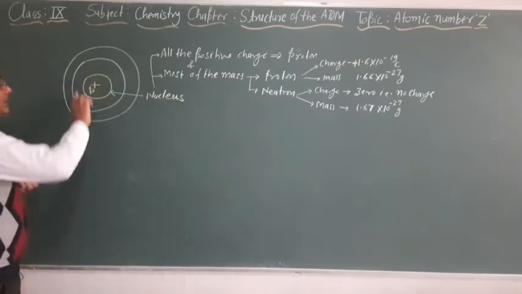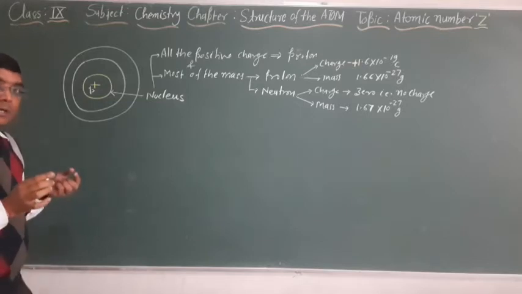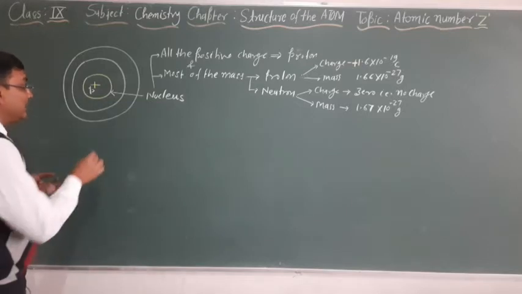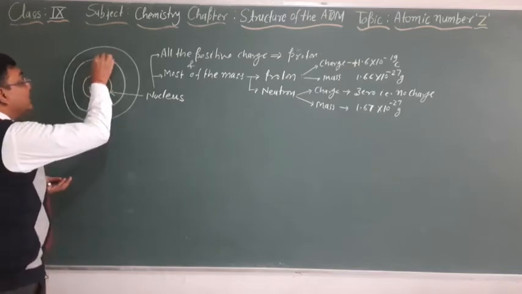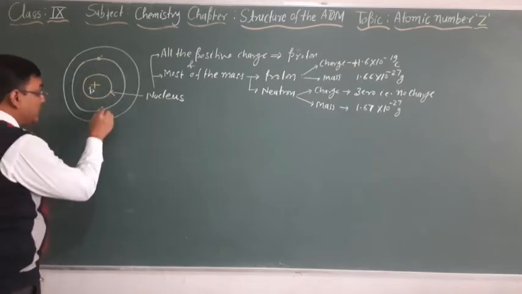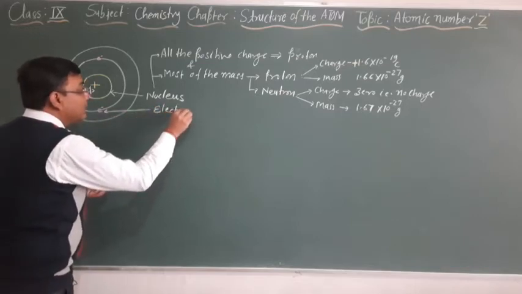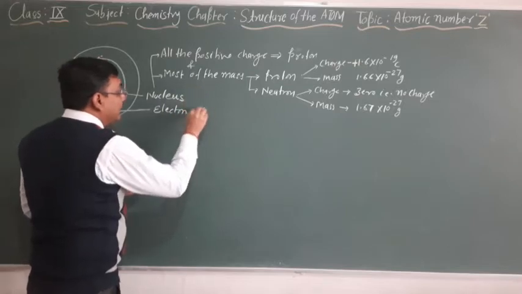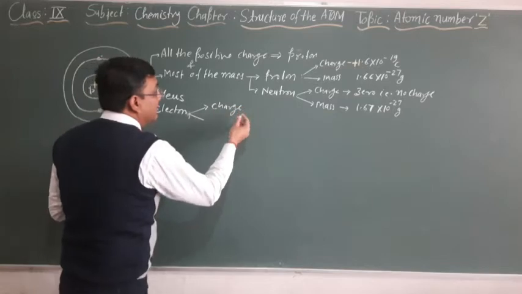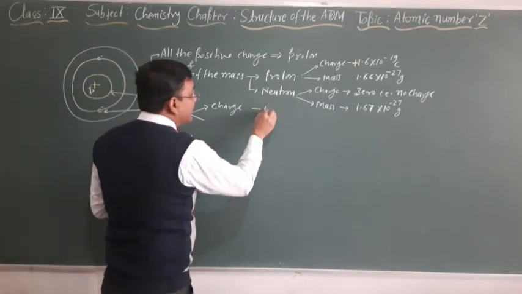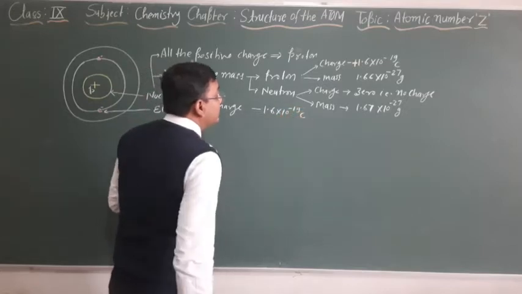Apart from the nucleus, there is the extranuclear part, which consists of n number of energy levels, and in a particular energy level a particular number of electrons reside. This is the electron, and the charge on the electron is minus 1.6 into 10 to the power minus 19 coulomb.